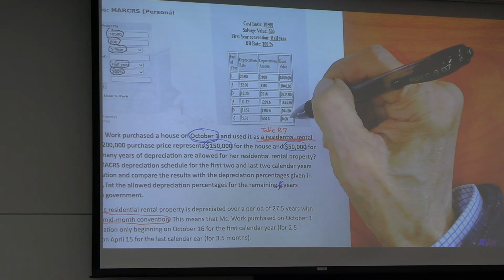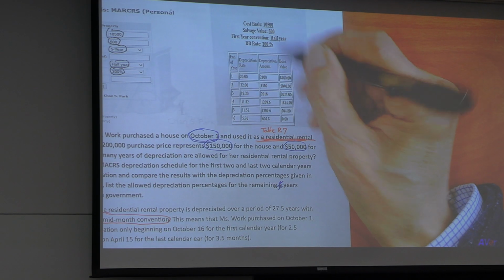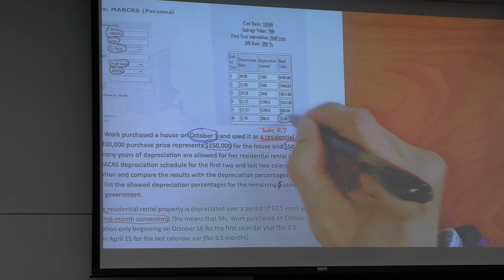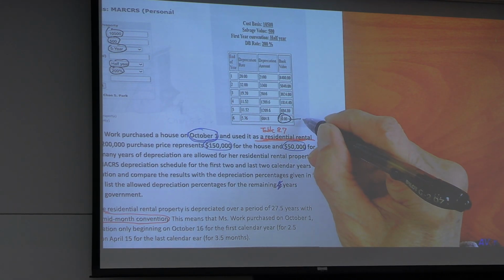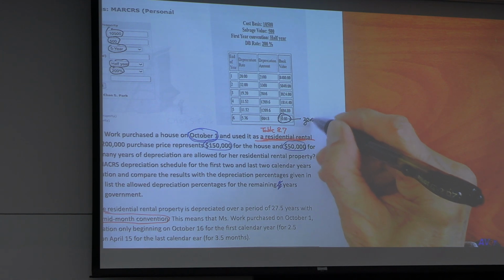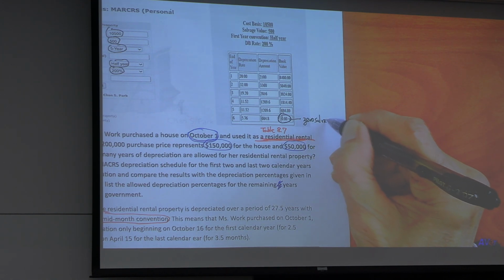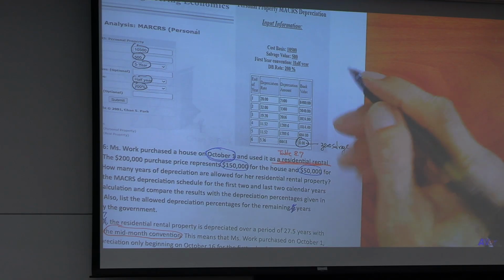You get a depreciation. And this ACRS always drops to 0 salvage. Now, let's look at one example.